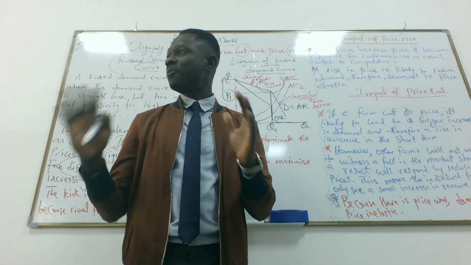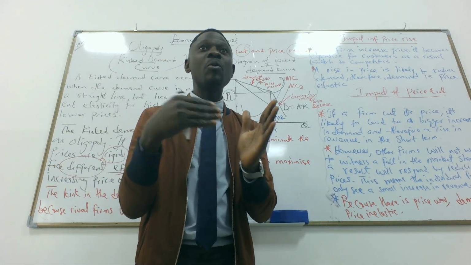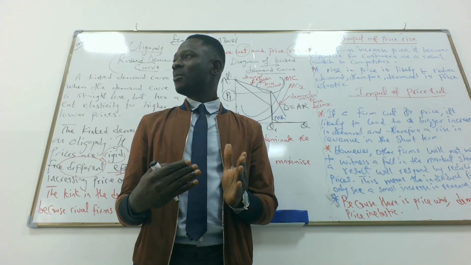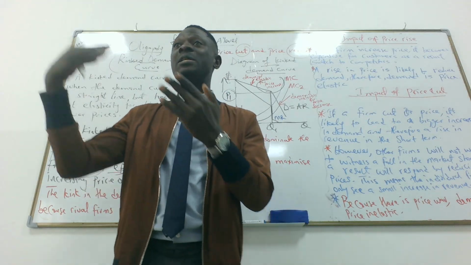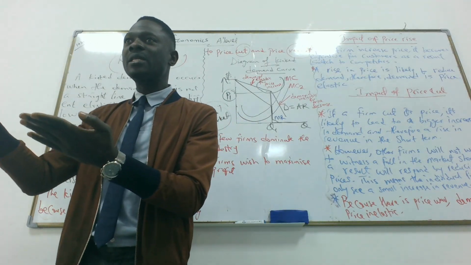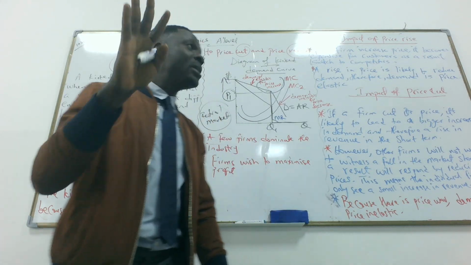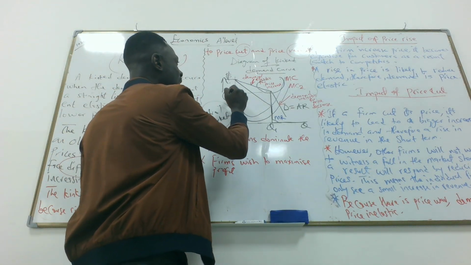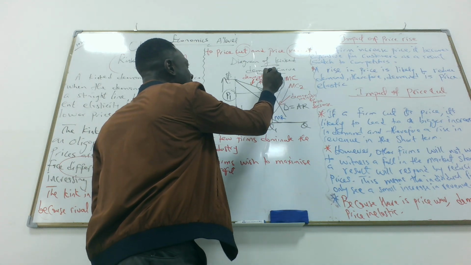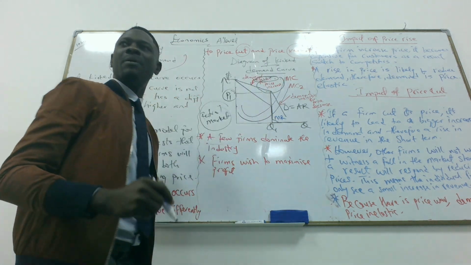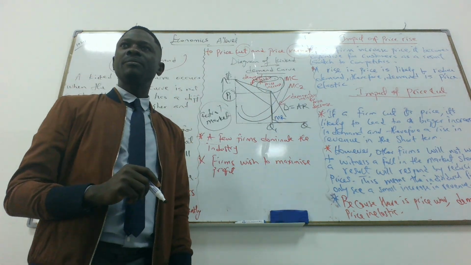Consumers are conscious of price. They want to buy only when the price is reducing. But in an oligopolistic competition, when you increase the price, the demand for your product reduces. So an increase in price will bring about elastic demand in the PED.